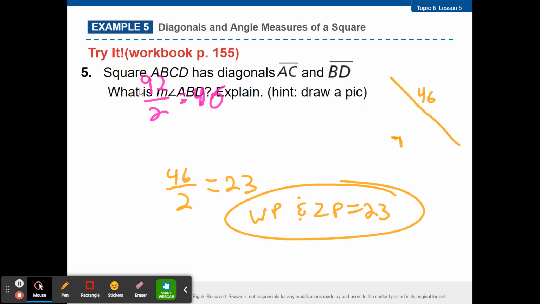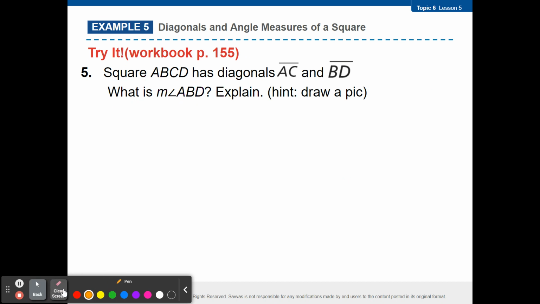Okay. Look at the square in your companion. ABCD has diagonals AC and BD. What is the measure of ABD? I'm trying to see if there's any missing information.